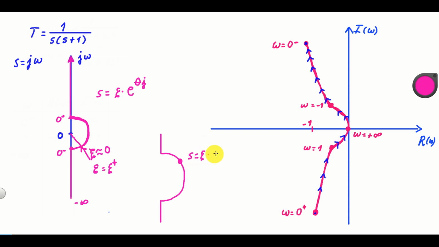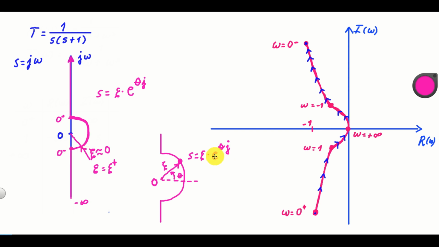Epsilon multiplying e to the power theta j. Theta is actually this angle. This is theta. And epsilon is this distance from here to 0.